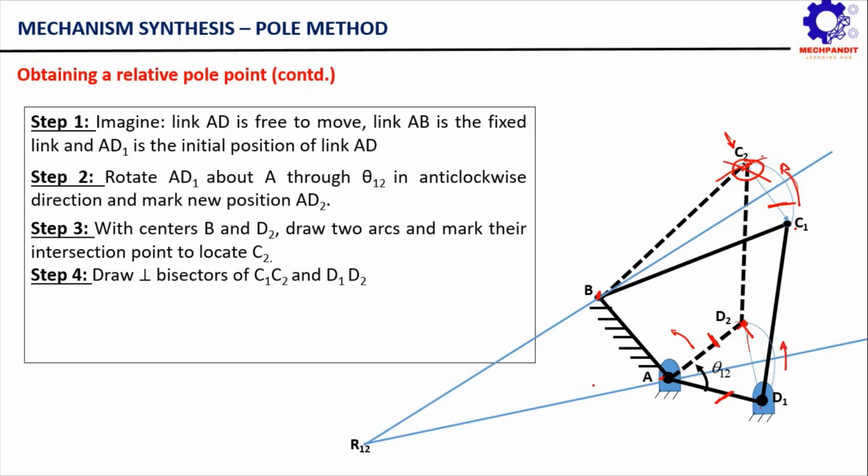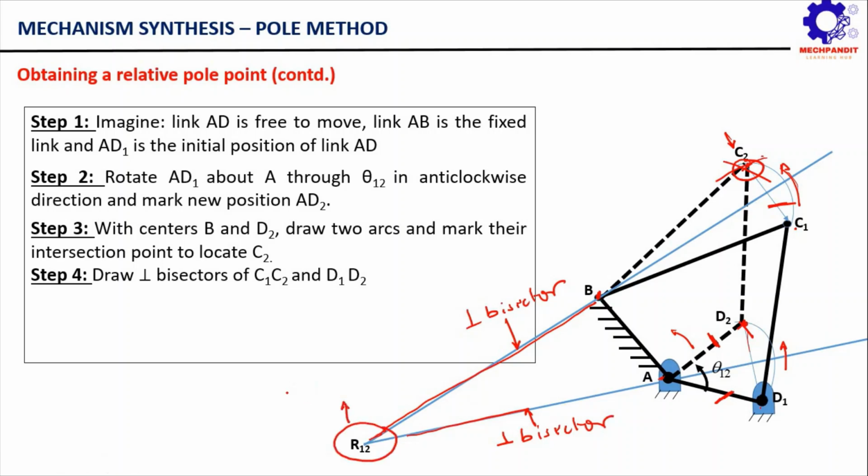Now we will draw the perpendicular bisectors of C1C2 and D1D2. This blue line which you are seeing here, from here to here, represents the perpendicular bisector of C1C2, and this other blue line represents the perpendicular bisector of D1D2. Now these two perpendicular bisectors intersect at point R12.